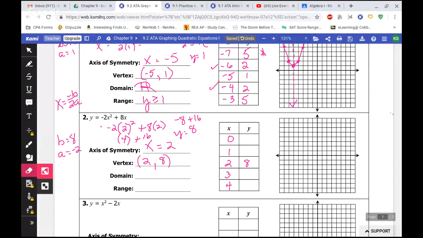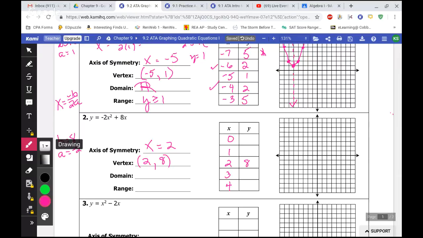And to get the y coordinates, we'll plug in 2 of our x coordinates, and I'm going to pick the 2 easiest, my total recommendation for you guys as well. So I'm going to pick 1 and 0. So if I plug in a 1, I get -2 times 1 plus 8.